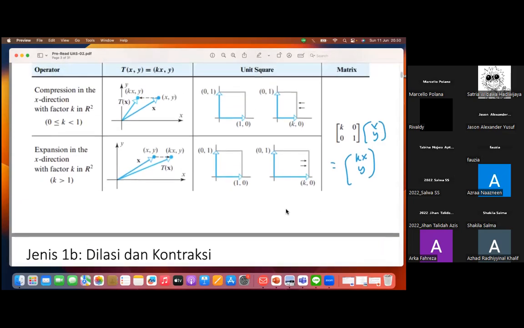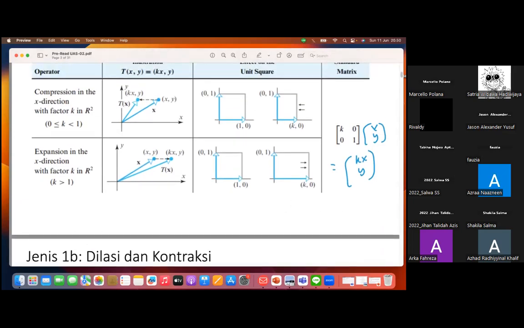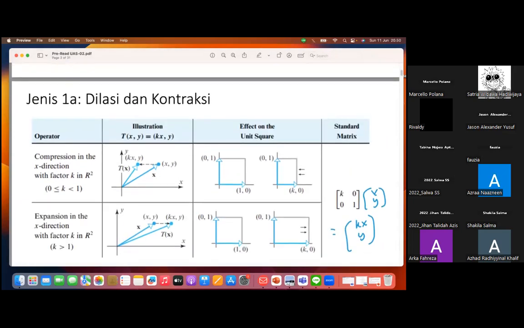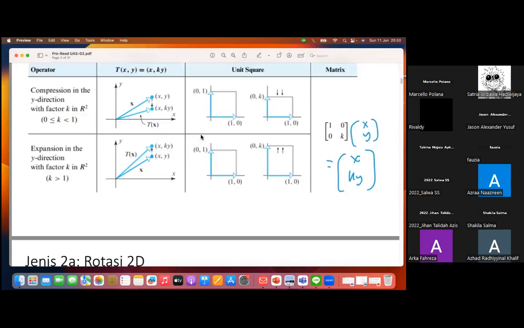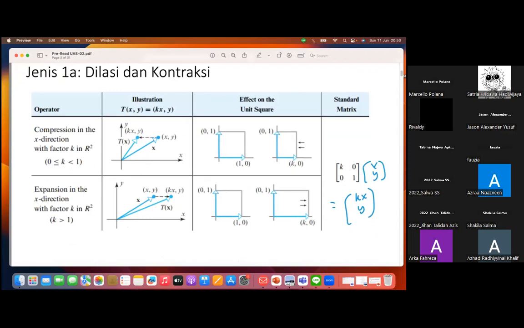However, I have to ask for forgiveness here because I cannot help you much in this chapter, because in this part, it's memorization of the matrices. However, you can somehow logically understand the process. So let's say if it's expansion or compression in the X direction, that means only X changes, but Y doesn't change.